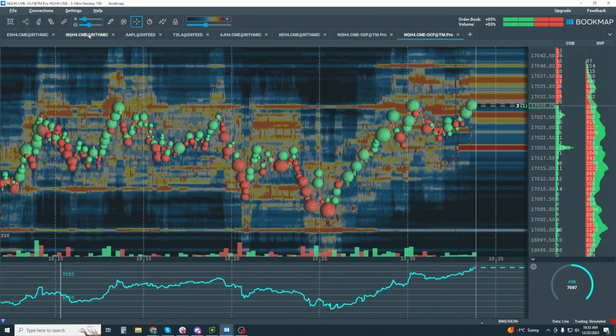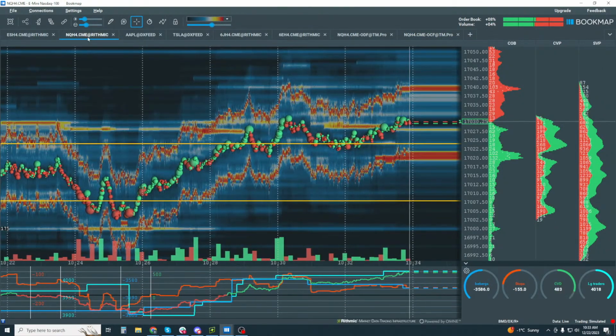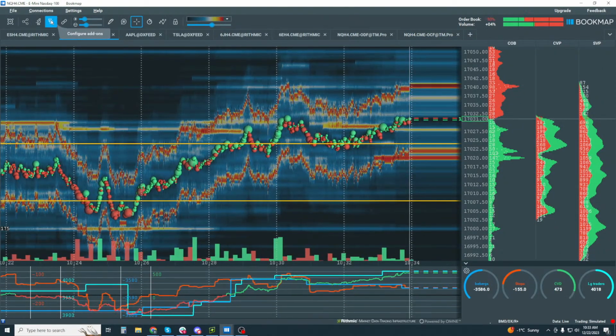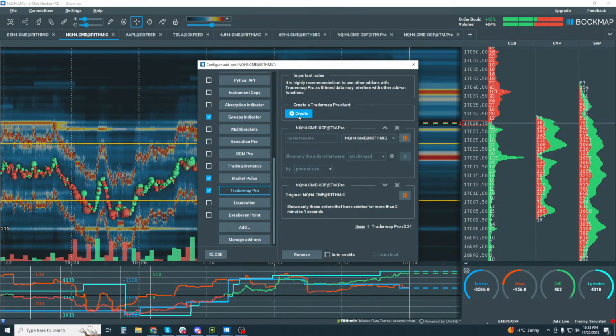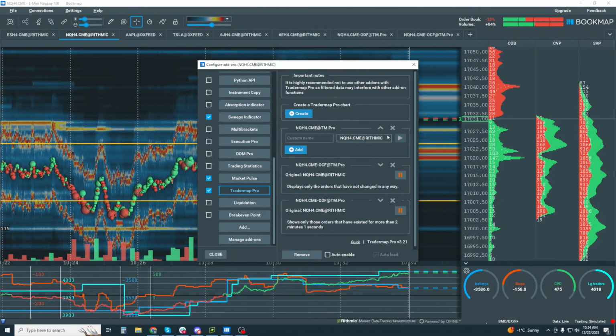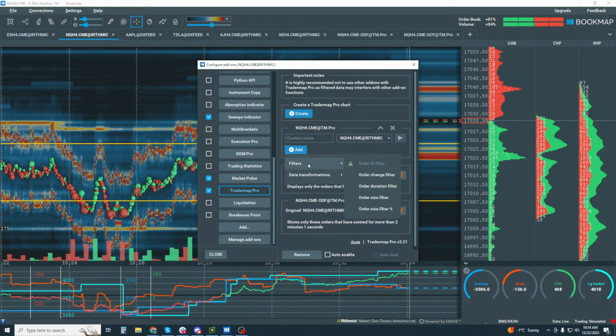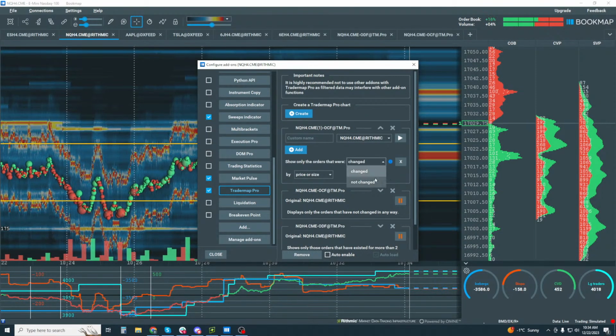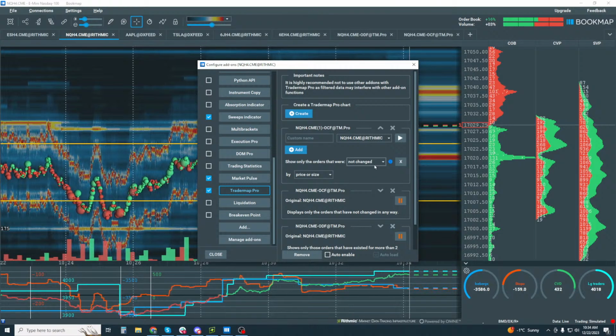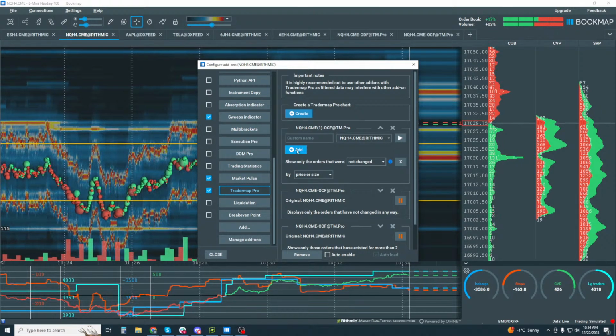Let's add one more though. We've got to go back to the original instrument, and we're going to create a new one, just for the NASDAQ. We're going to add another filter, the order change filter, not changed. That looks good. Let's add another filter in here.